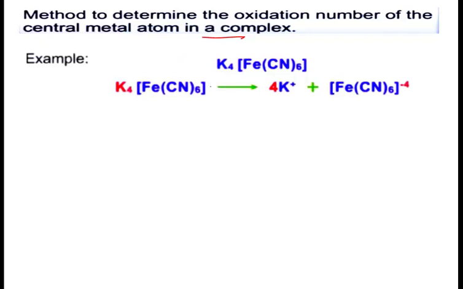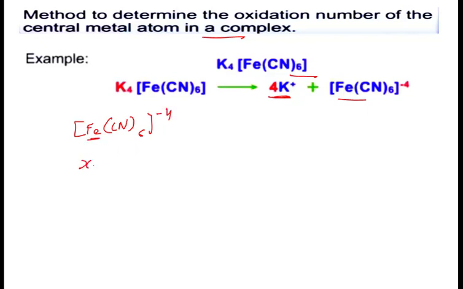As you can see, it is K4[Fe(CN)6], right? And K4[Fe(CN)6] will ionize, it will release 4 K+, and [Fe(CN)6]4- is the complex, right? Now try again how to calculate. So [Fe(CN)6] is given and 4 negative. Now we have to calculate the oxidation number of this iron.